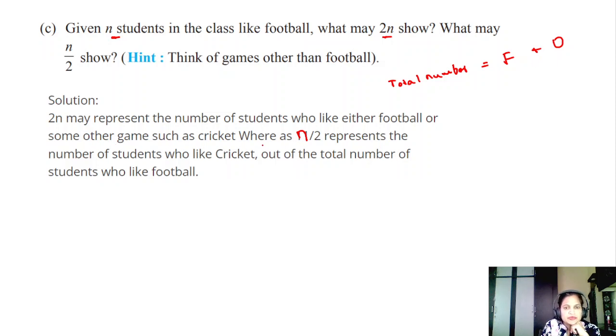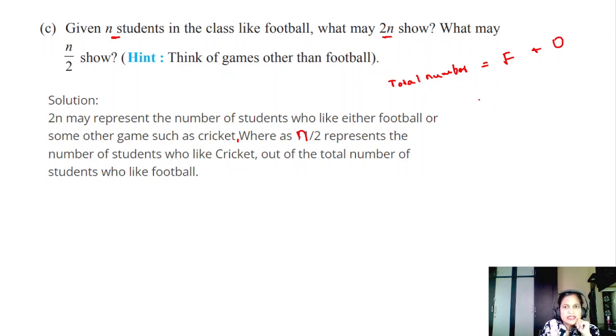Whereas the other game may be cricket. Cricket plus football fans total number might be 2n. Okay, double that number. Whereas n by 2 represents the number of the students who like cricket out of the total number of the students who like football.